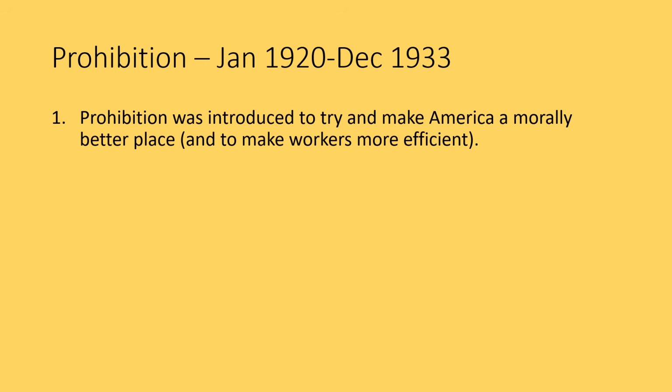In their propaganda, it was a lot of men buying the alcohol at the expense of their poor wives and children at home, some of them starving because their father was wasting money on alcohol instead of providing for them. So the idea of banning alcohol to make America a morally better place seemed to be a very, very popular one at that time, to the extent where the law was introduced.